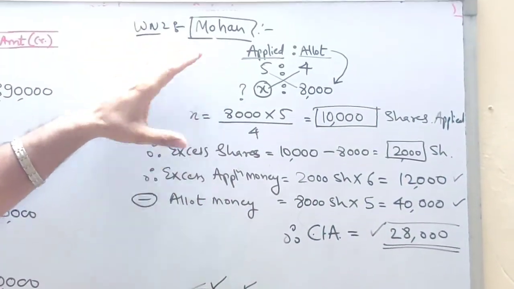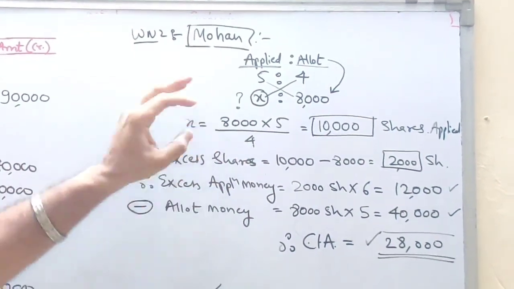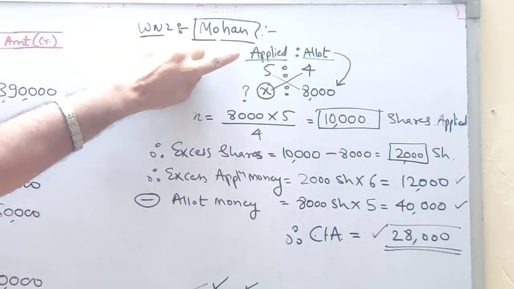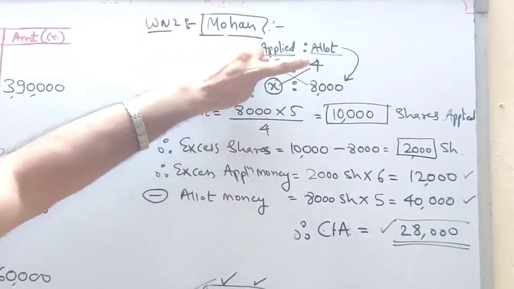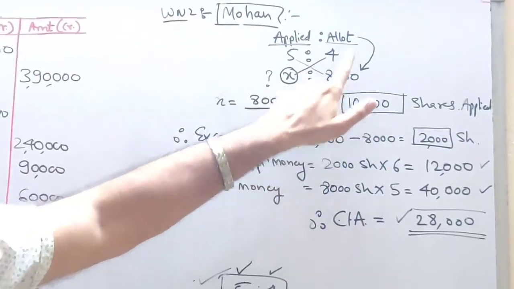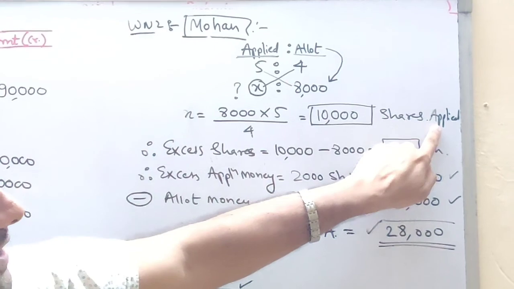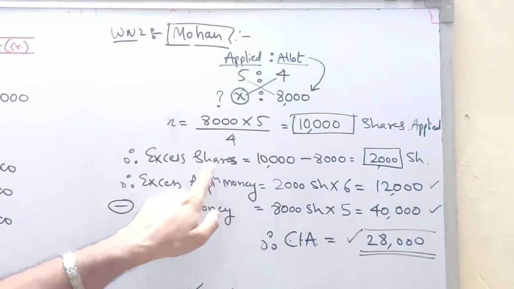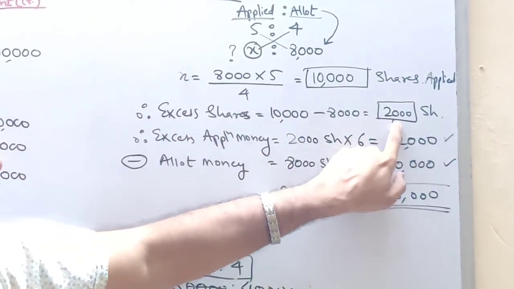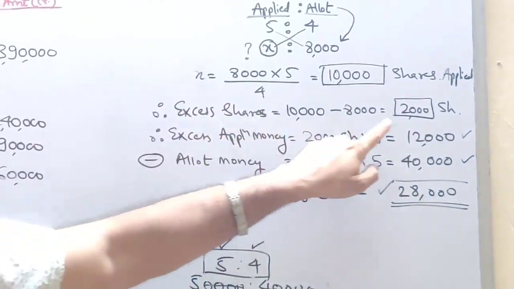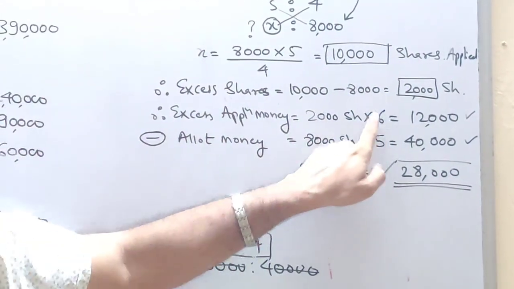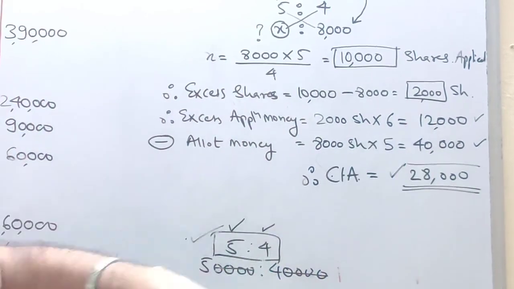You have to follow the same format of working note for every sum of pro rata. So how to start? I am explaining again. You start with the ratio, applied and allotted. Then you see in the question how many shares were allotted, 8,000. Then cross multiply. You will come to know shares applied. Now you minus it to get the excess shares. 10,000 applied, 8,000 allotted, 2,000 is the excess shares. With the help of 2,000 shares, you can easily get excess application money by multiplying it with 6 rupees, that is application money.